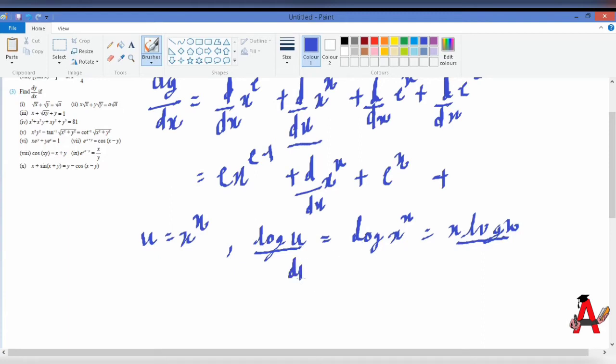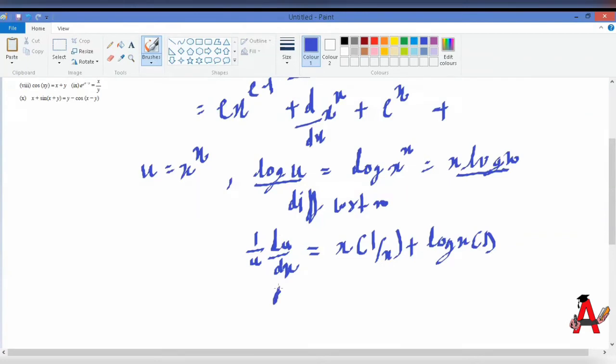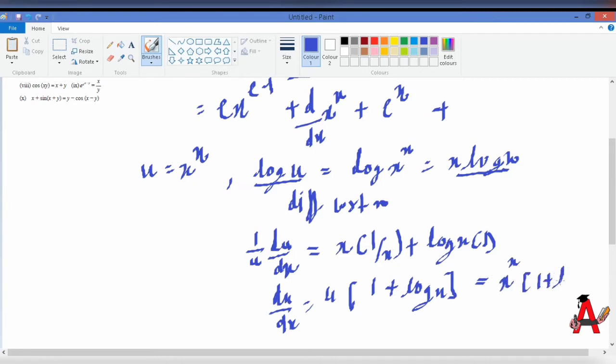Now differentiate with respect to x. What we will get is 1 upon u du by dx is equal to u into v here: x into derivative of log of x, which is 1 upon x, plus log of x into derivative of x, which is 1. So this will become du by dx is equal to u into x upon x, which is 1, 1 plus log of x, which is equal to x raised to x into 1 plus log x.